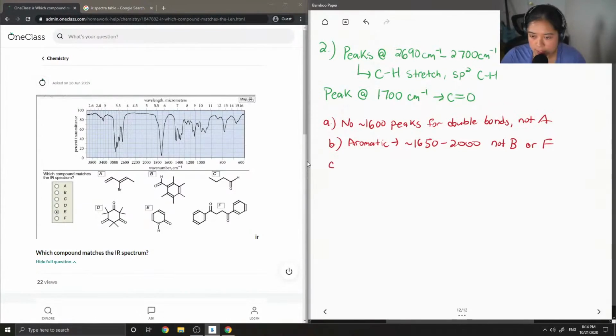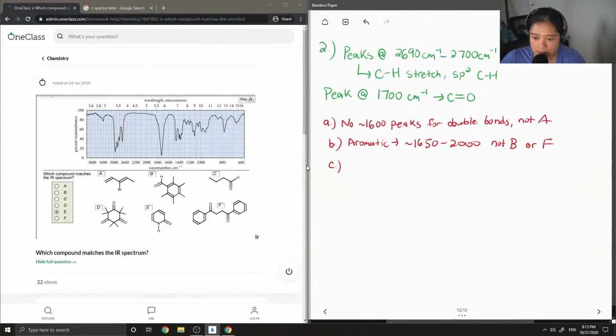So looking at C, you'll see that there are alkanes, and they also have sp2 hybridized carbon hydrogen stretch, which is what we're looking for, and it also has the characteristic carbonyl peak at 1700.